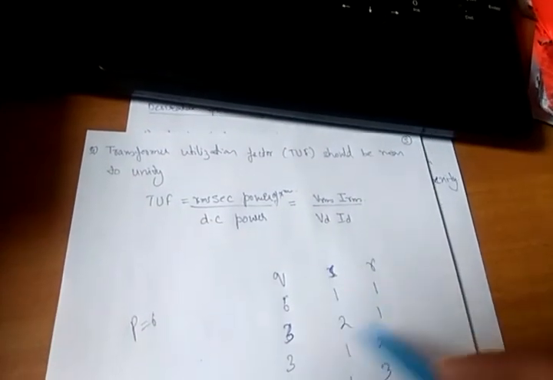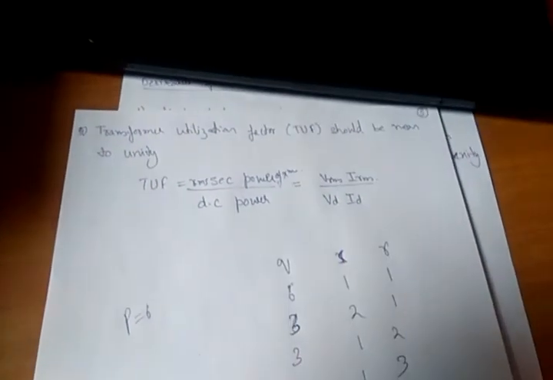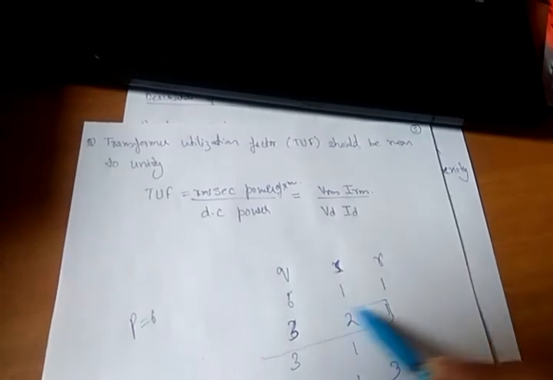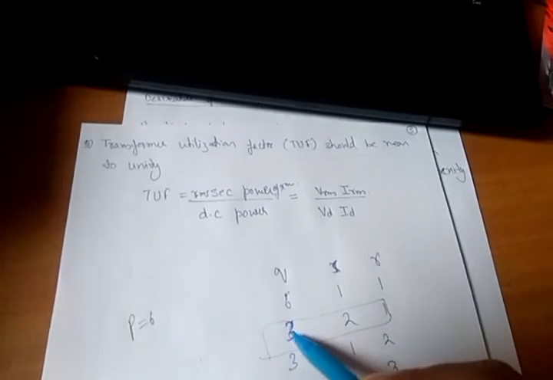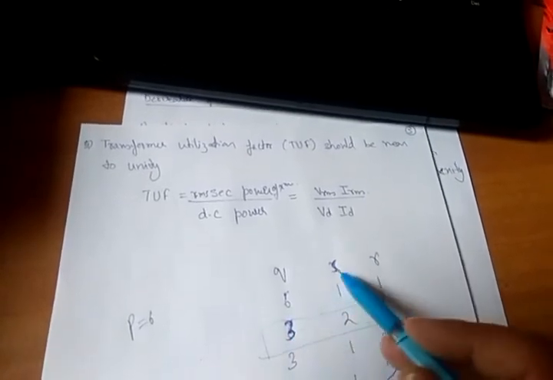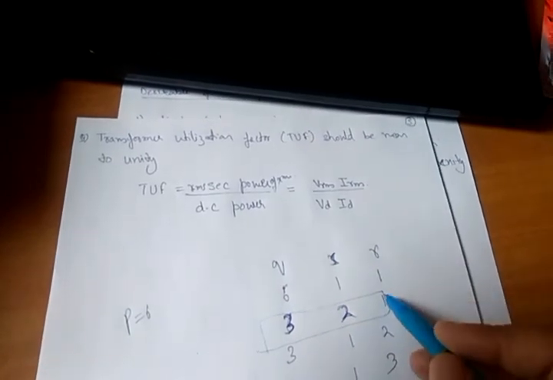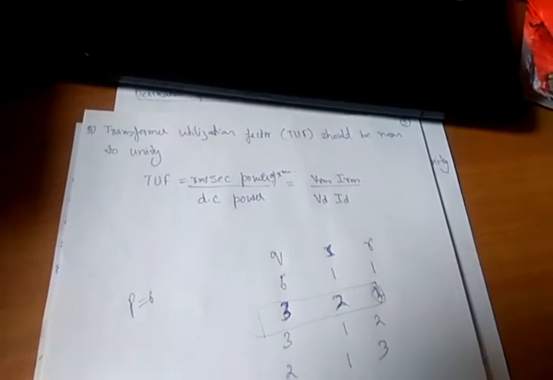If we analyze the system, I am not analyzing it because you must have studied it in your power electronics course, the best configuration will come out like this: 3 groups of valves, then 2 valves connected in series, and in parallel only 1 valve. This is the best configuration, which will satisfy all these desirable features.